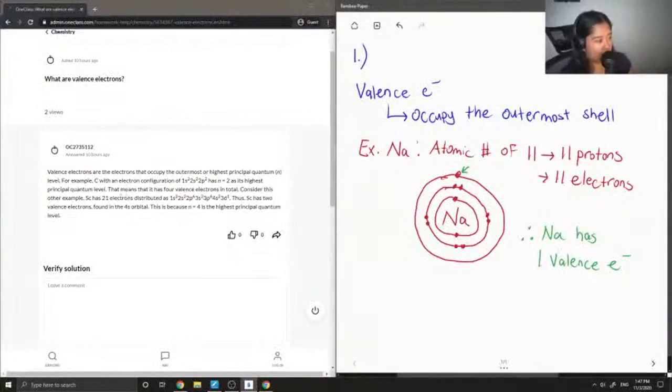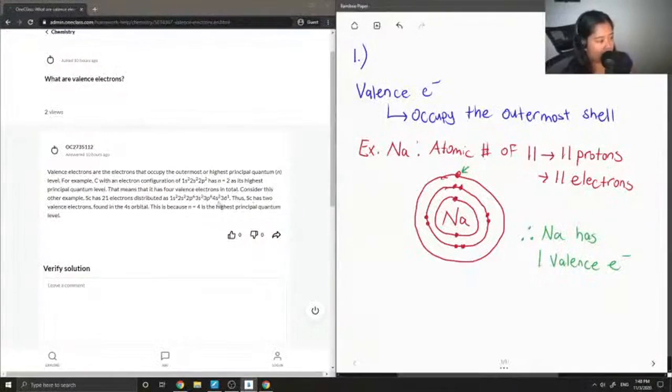Consider this other example. Sc, I forget what element that is, but it has 21 electrons distributed as 1s2, 2s2, 2p6, 3s2, 3p6, 4s2, 3d1. So this is an example of an element that has many electrons.